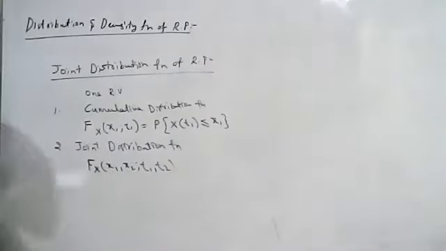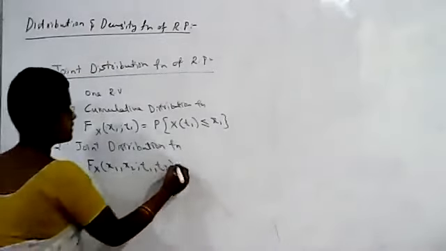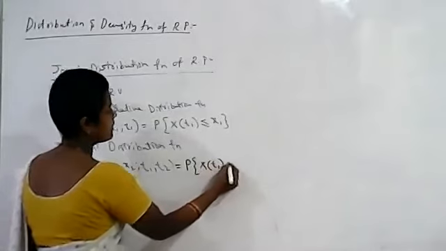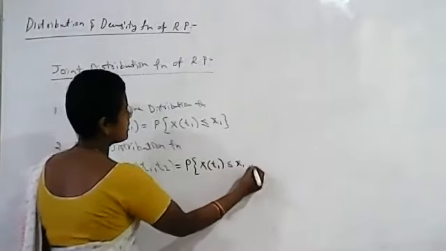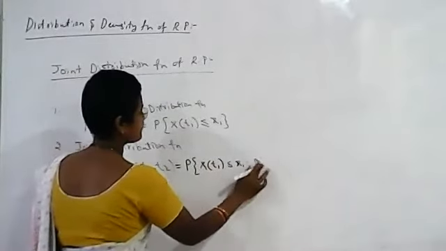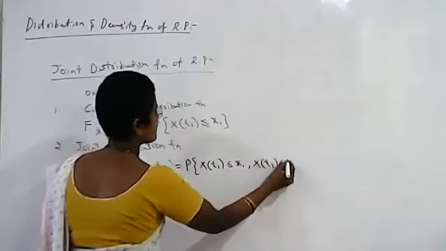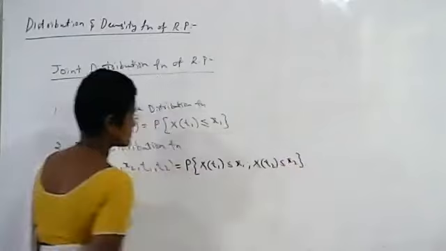We have two random variables. So how do we write this? It is the probability of getting X of t1 less than or equal to x1, X of t2 less than or equal to x2, like this.